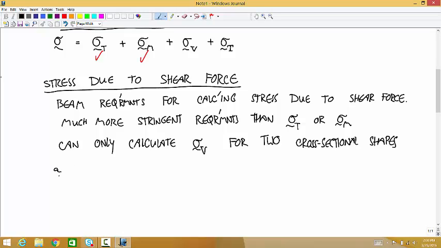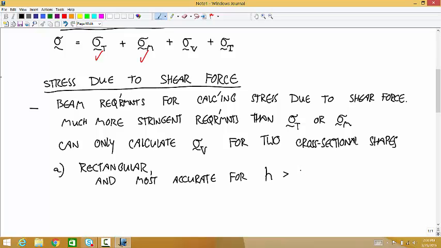The first one is rectangular cross-sections. It's most accurate for heights of cross-section that are bigger than the width, than the base.